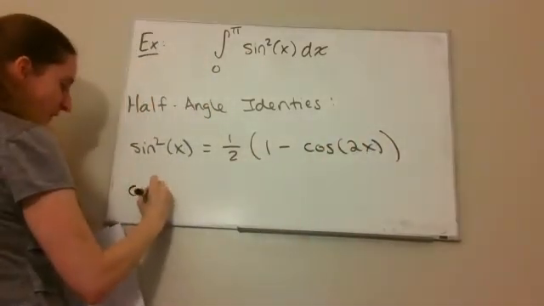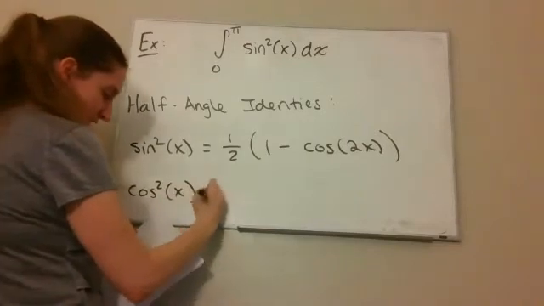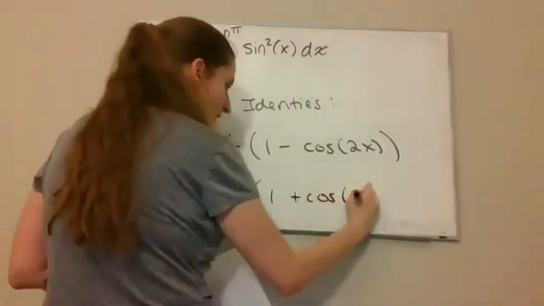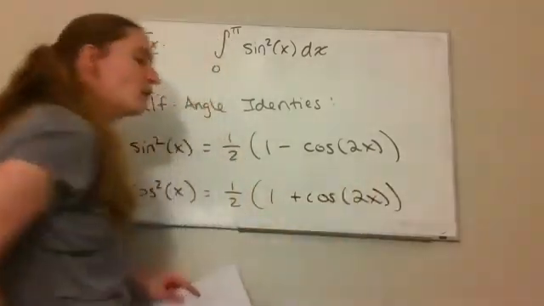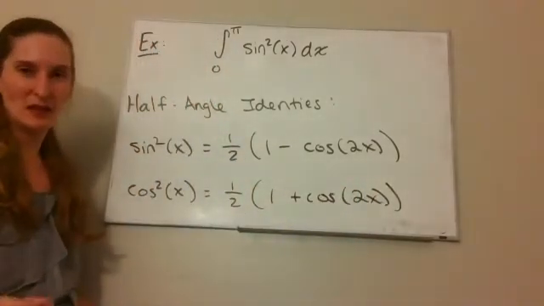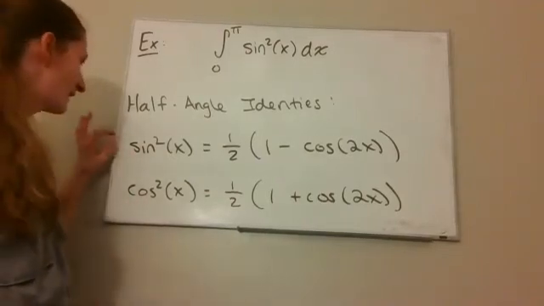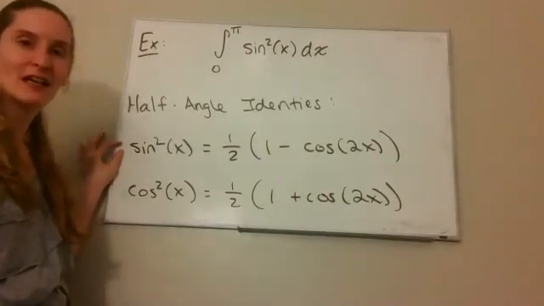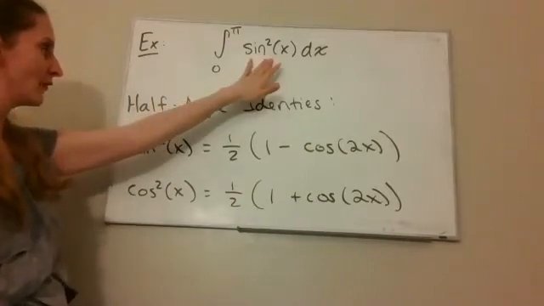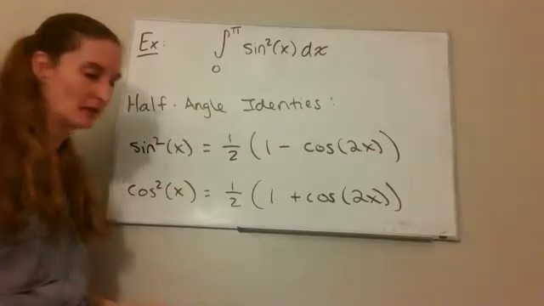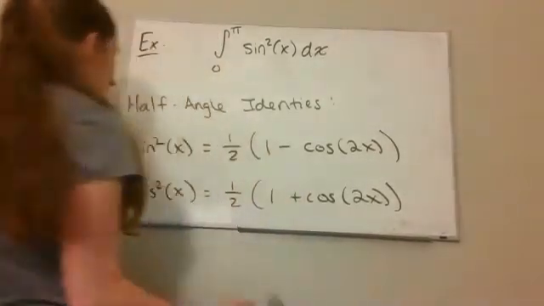And cosine squared of x is equal to 1/2 times 1 plus cosine of 2x. Both of these show up quite a bit in doing trig integrals. And of course, on this particular problem, I need this first half-angle identity. I can rewrite my sine squared of x as 1/2 times 1 minus cosine of 2x. So let's do that.